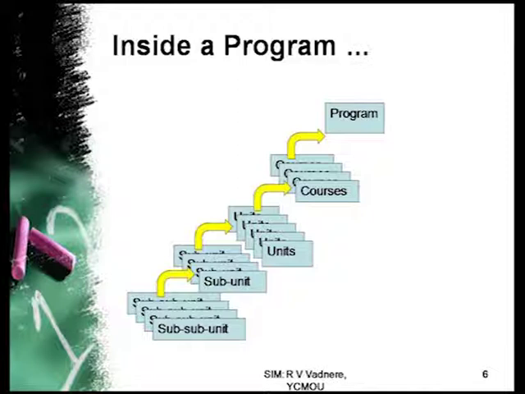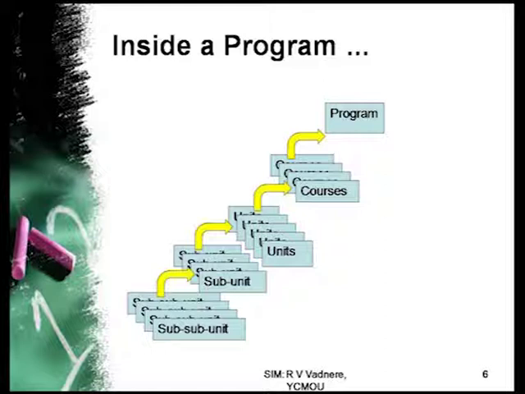For example, Bachelor of Arts is a program, BSc is a program, BSc in Mathematics is a program, BSc Hospitality and Tourism Studies is a program. So, these are the various programs which a student enters into, takes admission to, and after completing all the courses successfully is awarded that degree.